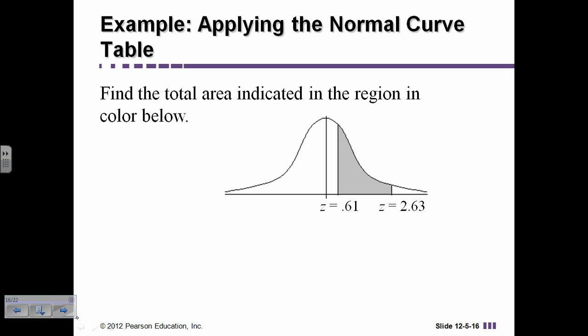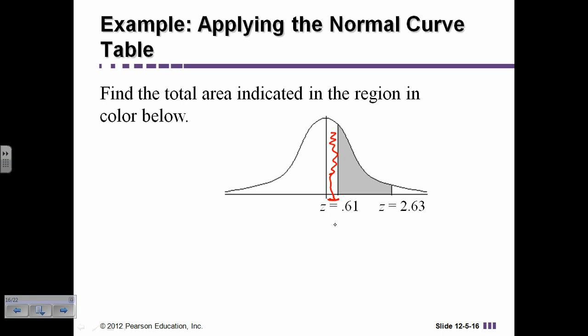Okay, so what if I wanted to do something like this? Again, I wanted to figure out what's the area of the curve. If I can figure out the area of 0.61, which would be this part right here, and I figured out the area of 2.63, if I subtract those, I'll figure out what's left over.